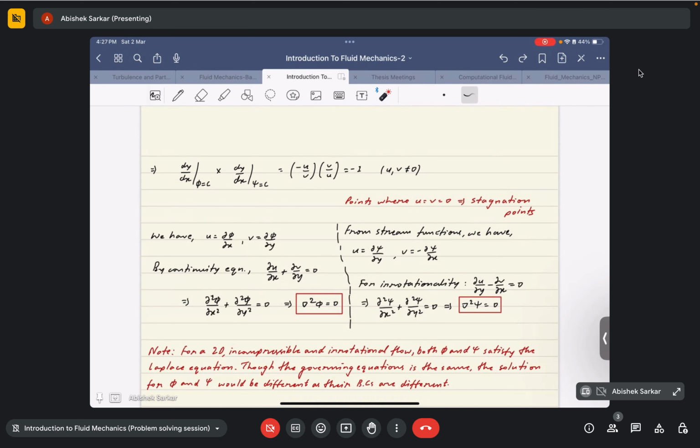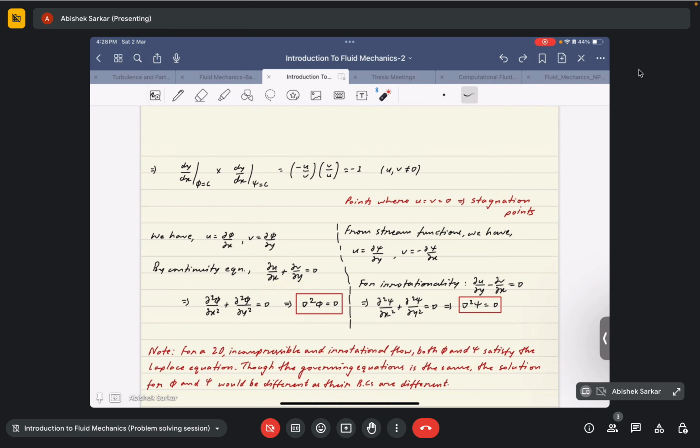So if the flow is incompressible and irrotational, then the velocity potential must satisfy the continuity equation, right? So if we substitute the values of u and v in this expression, we get that ∂²φ/∂x² plus ∂²φ/∂y² is equal to 0. That tells us that the Laplacian of the velocity potential is 0 in the case of a 2D incompressible irrotational flow.